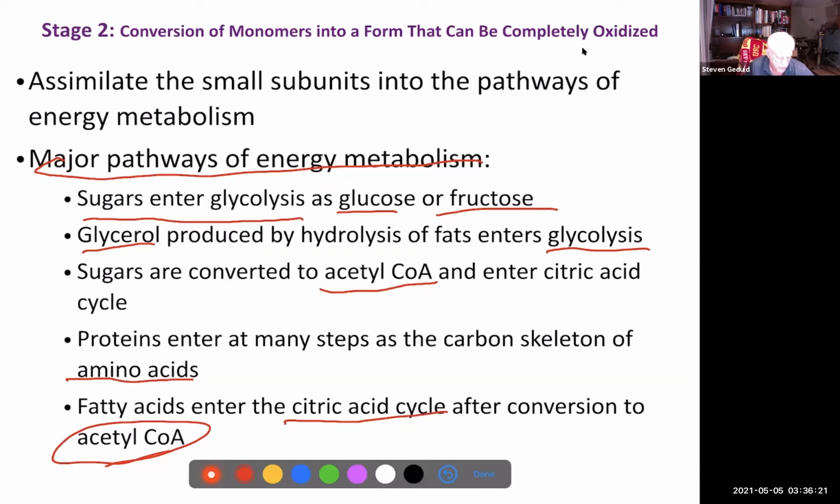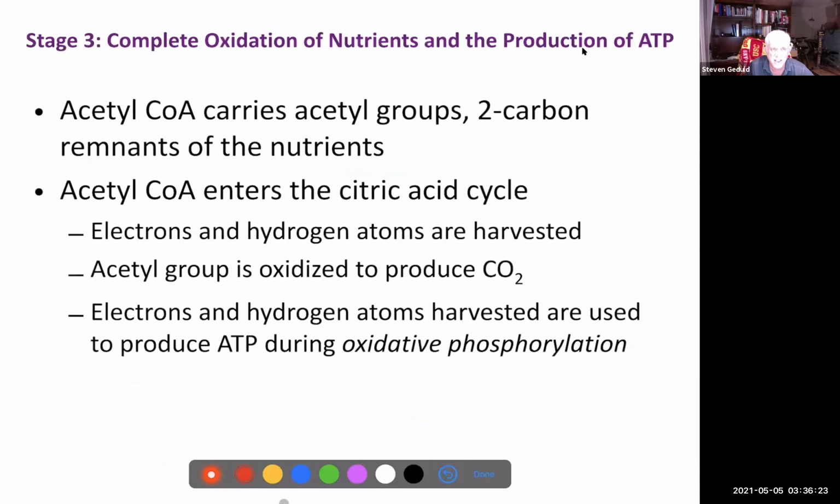Okay. So these are pathways you're going to use to generate ATP. So acetyl coenzyme A carries acetyl groups, which are 2 carbon remnants of the nutrients. So you've broken down all these nutrients into these 2 carbon molecules at the end. So acetyl coenzyme A enters into the citric acid cycle.